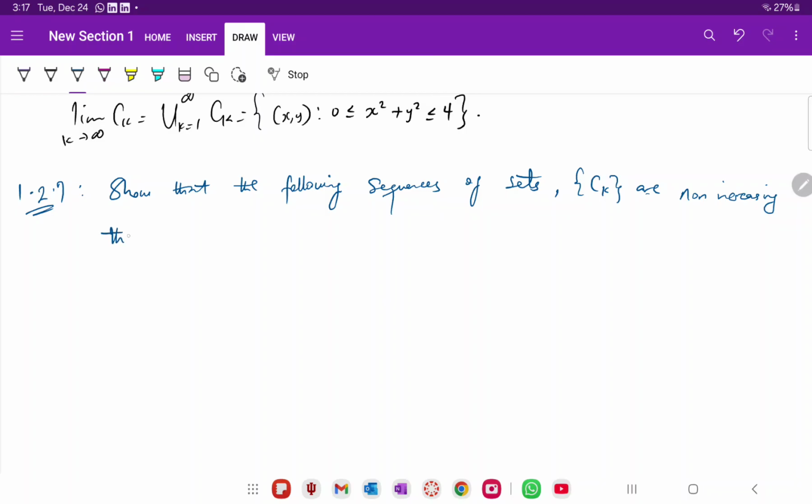And then we have to find the limit, the limit as k tends to infinity of Ck.